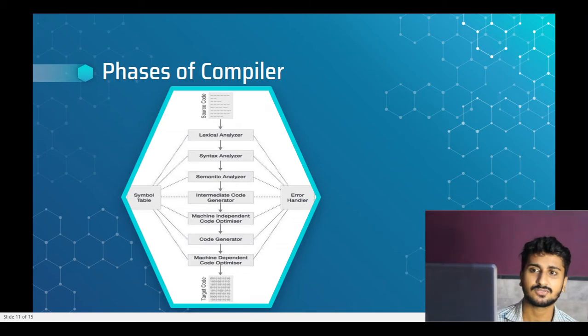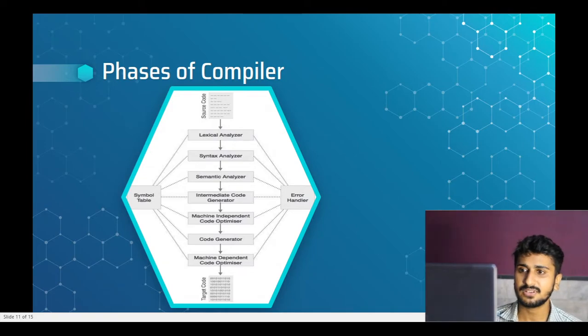In this phase, token arrangements are checked against the source code, and the parser checks if the expression made by the tokens is syntactically correct. So it checks the syntax. If the code is syntactically correct, it can be executed, or else it will give us errors.